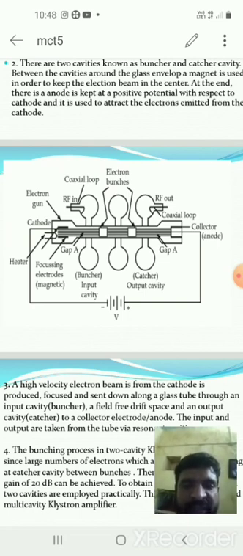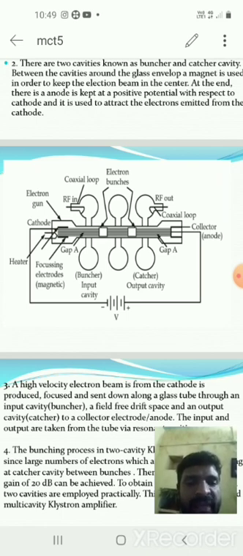On the left side we have a cathode which contains the electron gun and heater, and on the right side we use a collector as anode. The cathode generates electrons, and the anode collects the electrons.